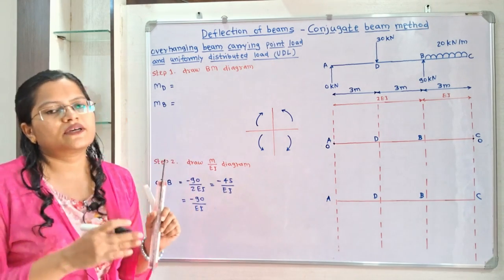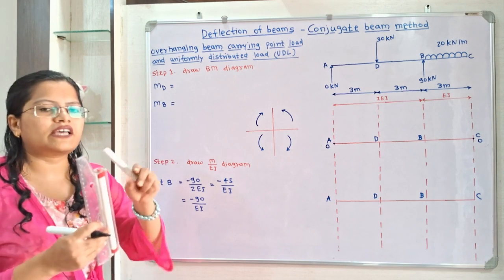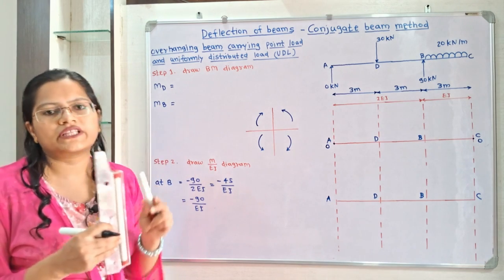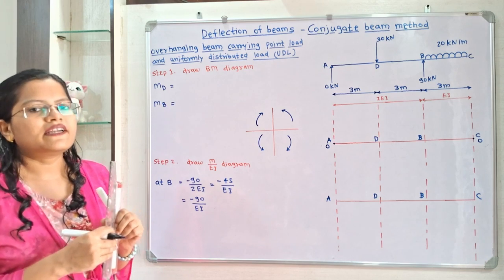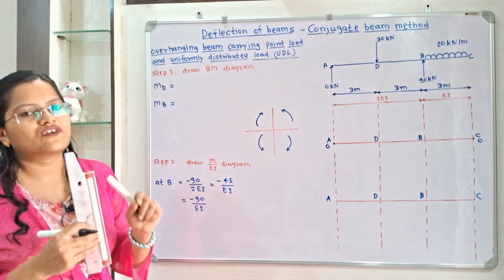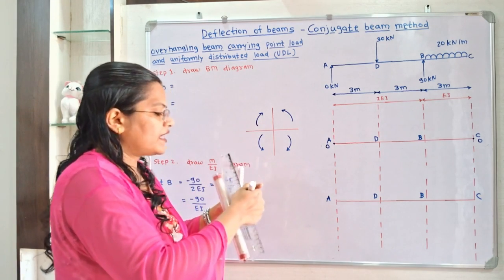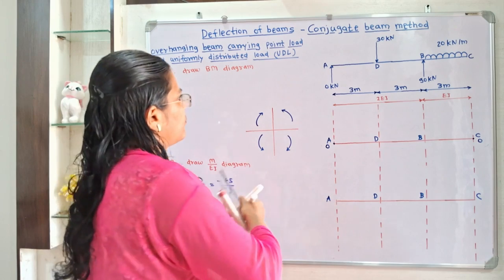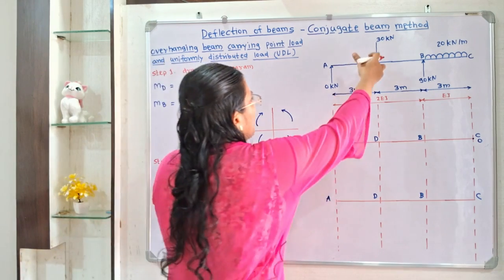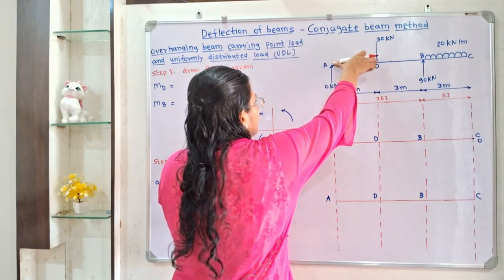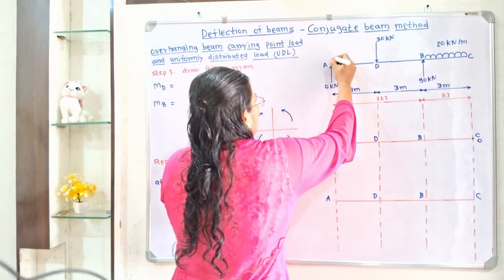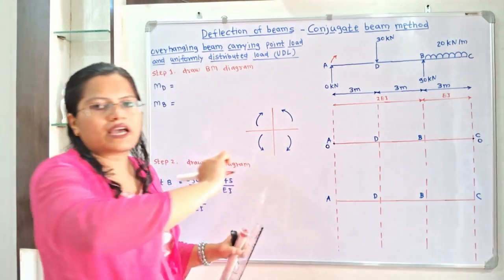So we can take the summation of moment of forces either on the left hand side or on the right hand side. So I will take the summation of moments of forces on the left hand side. So here 0 kilonewton at point A is the force. Now if I move the compass about point D in the direction of the 0 kilonewton, then here is the direction.